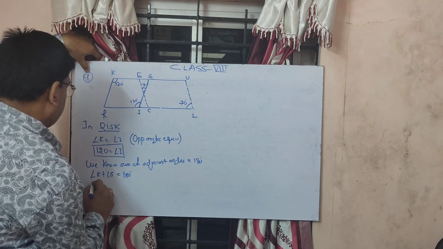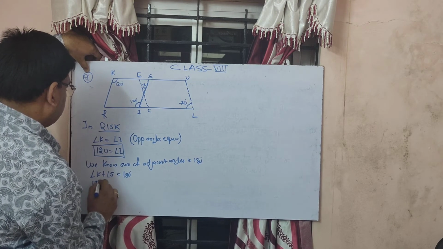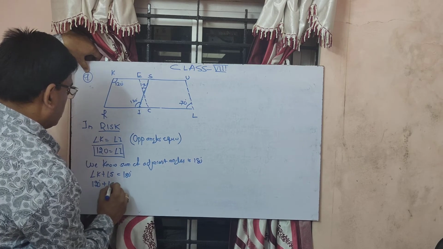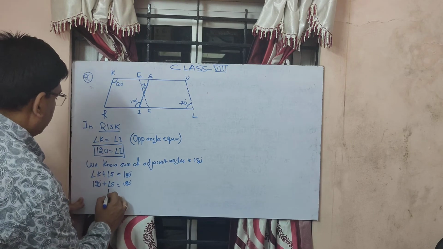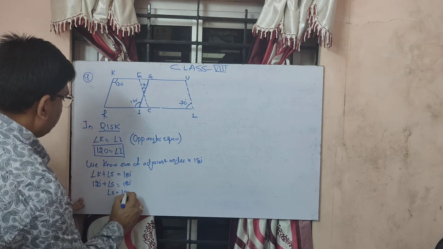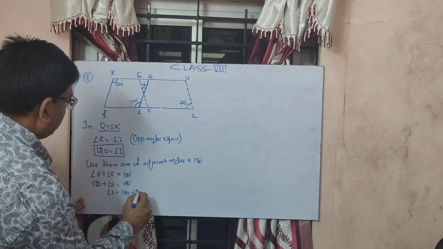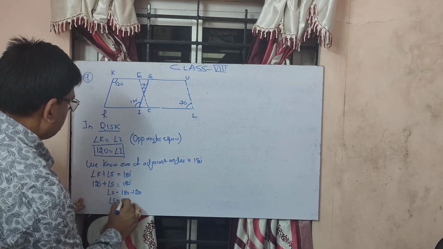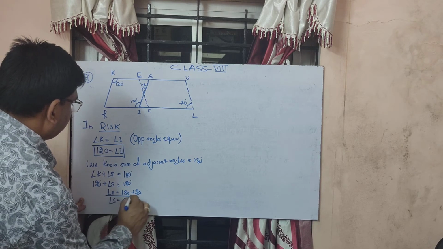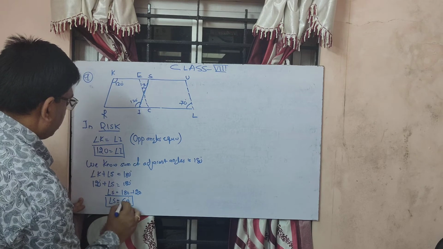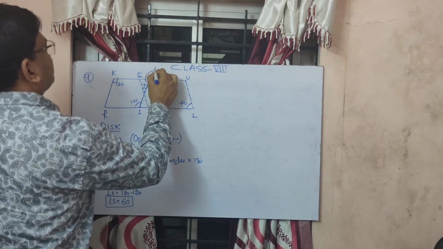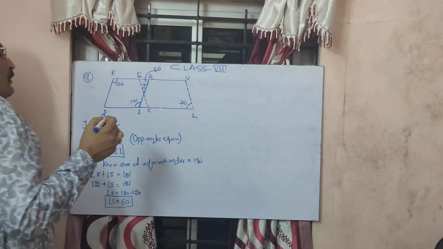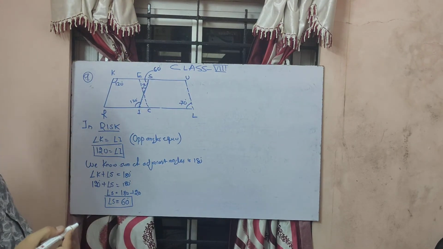Angle K we know is 120 degree. Angle S we don't know. Therefore angle S equal to 180 minus 120. So angle S equal to 60 degrees. So this angle is 60 degree.